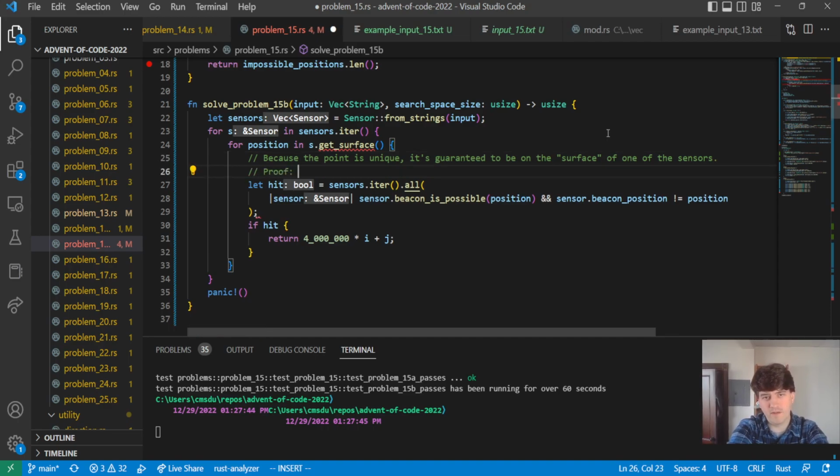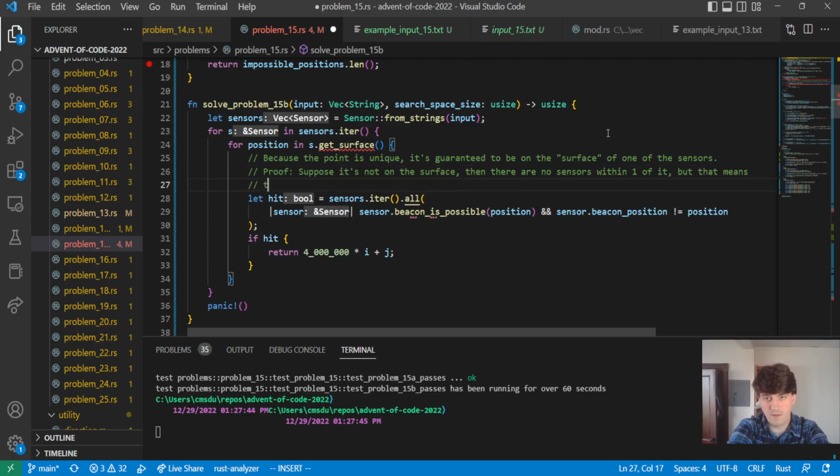And the proof is, suppose it's not on the surface, then there are no sensors within one of it, but that means that moving one over, you get another answer, violating uniqueness.